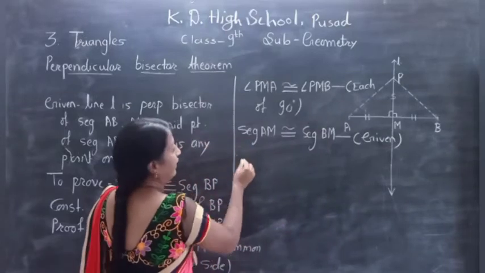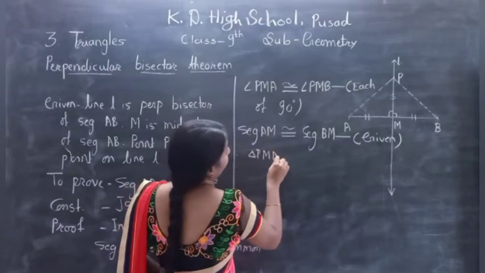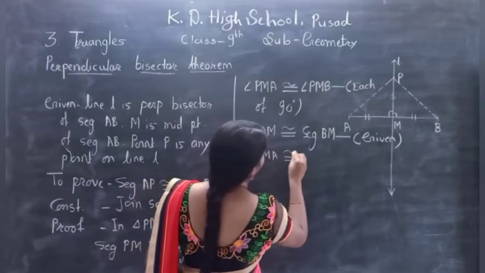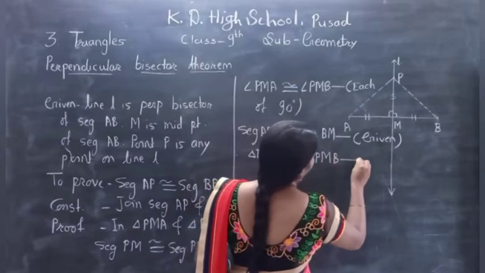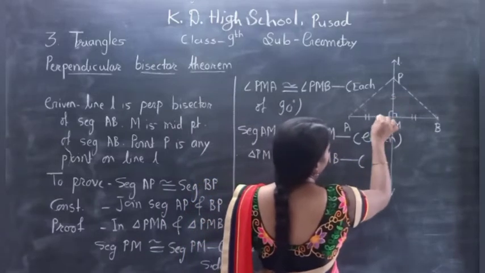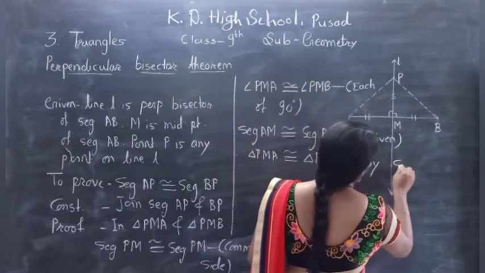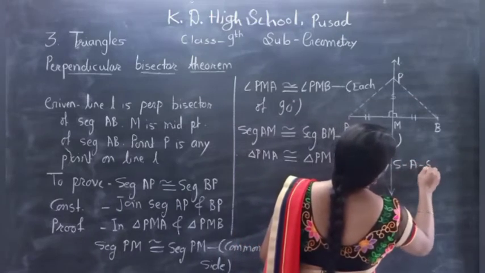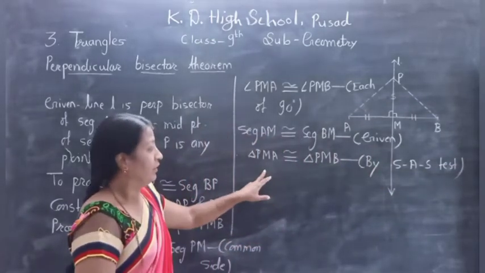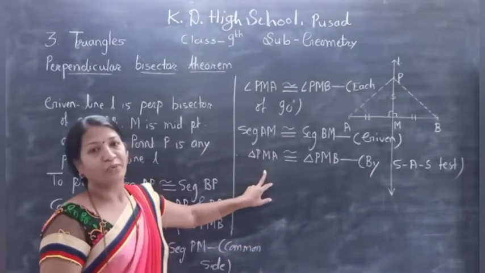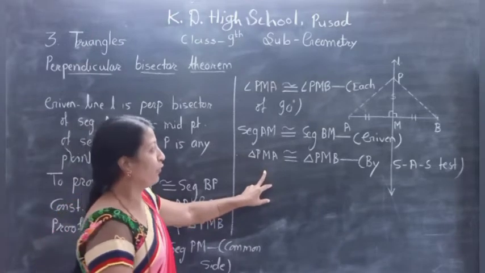Therefore triangle PMA is congruent to triangle PMB by SAS test of congruency. Okay. Now, if two triangles are congruent, we know that their corresponding sides and angles are also congruent.